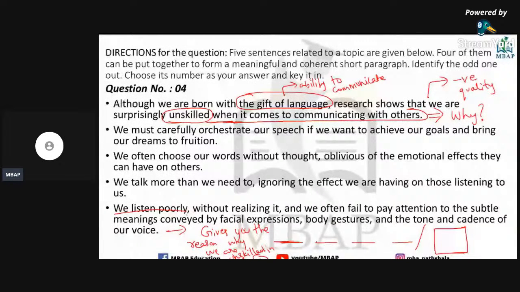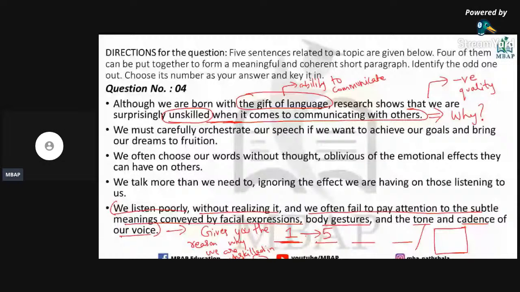We don't listen without realizing it, and we often fail to pay attention to the subtle meanings conveyed by facial expressions, body gestures, and the tone and cadence of our voice. Is this clear? So that means sentence 1 and 5 are directly linked with each other. Yes or no, guys?